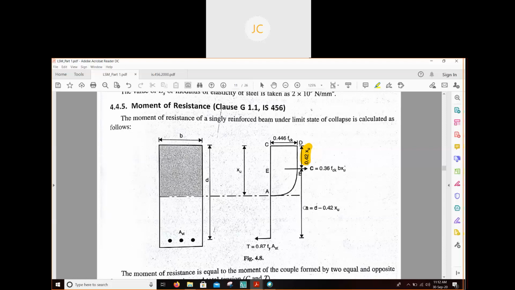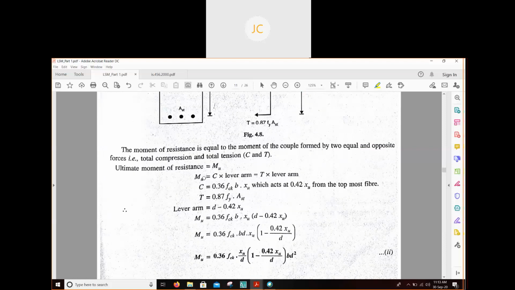To get the moment of resistance, we can use two formulas, C into A or T into A. C means the total compressive force into lever arm, or T, the total tensile force, into lever arm. Moment of resistance equals C into lever arm or T into lever arm.